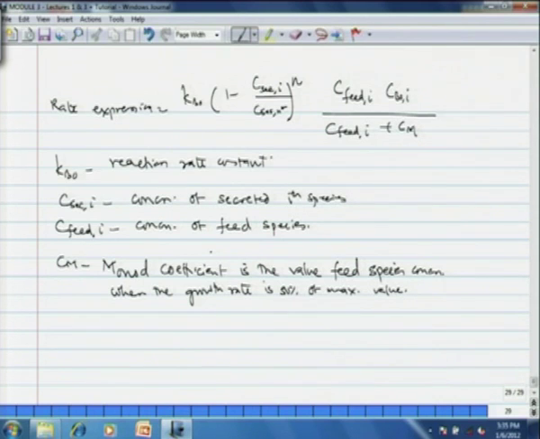So, that completes our discussion on the reaction types.